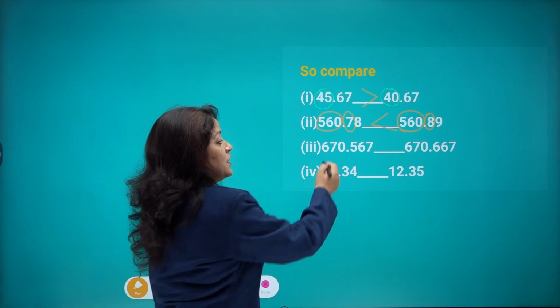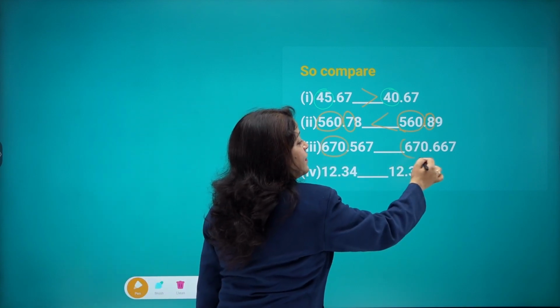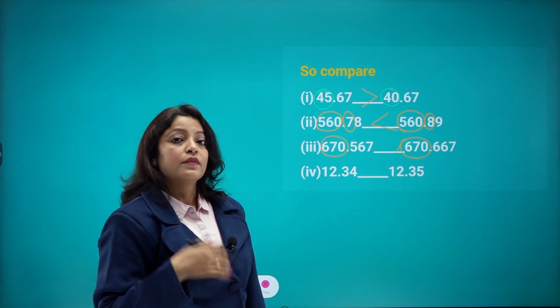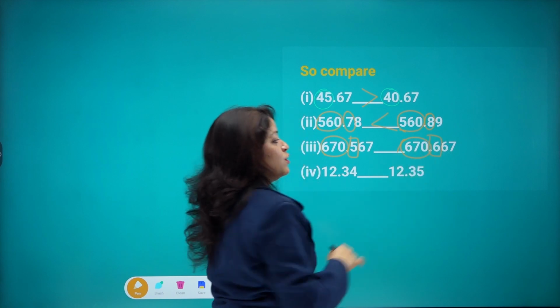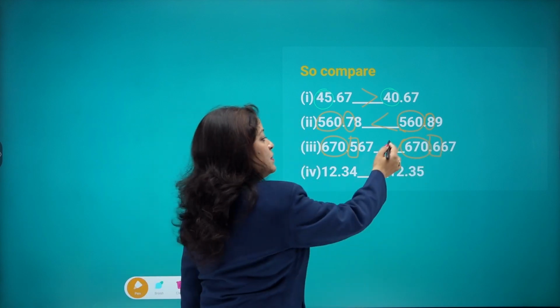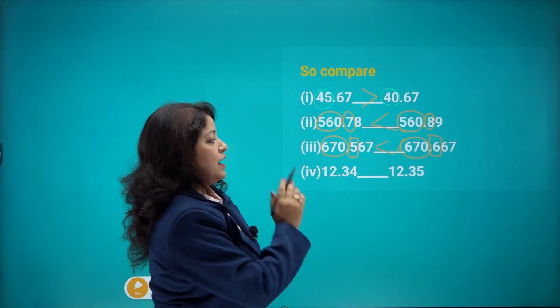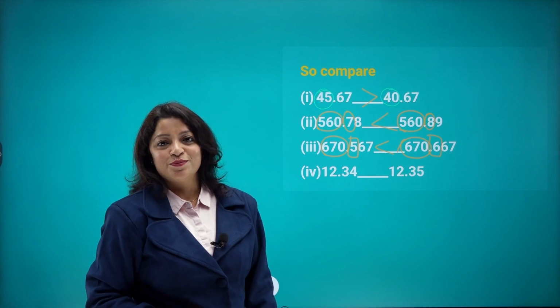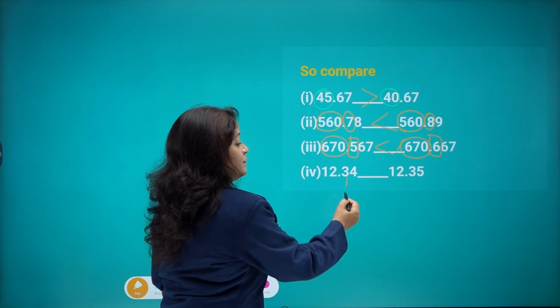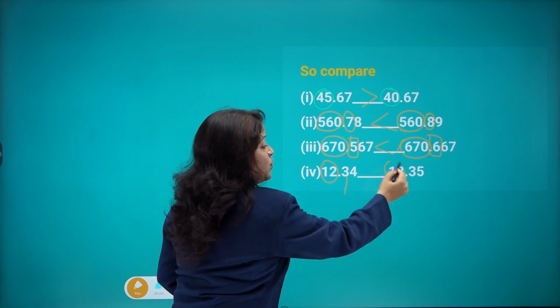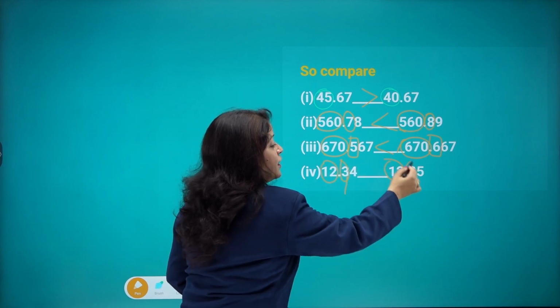One more example: 670 is equal on both sides. Again compare 5 and 6. Yes, 6 is greater, so this part will be greater. And I am leaving this question to you. We can say 12 and 12 are equal, 3 and 3 are equal.